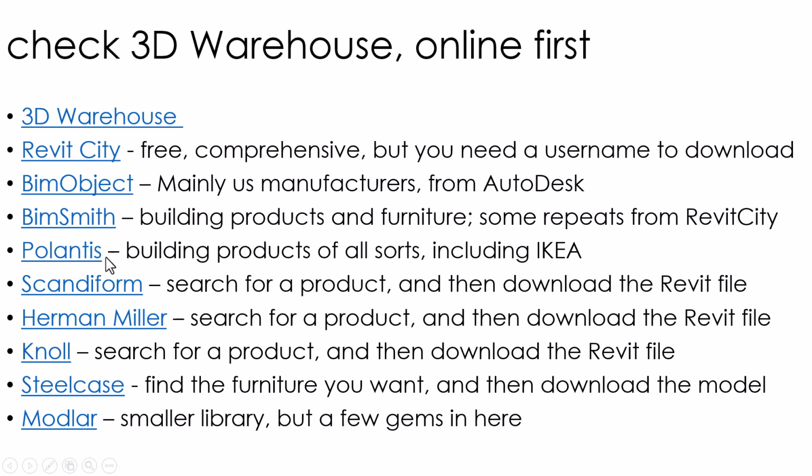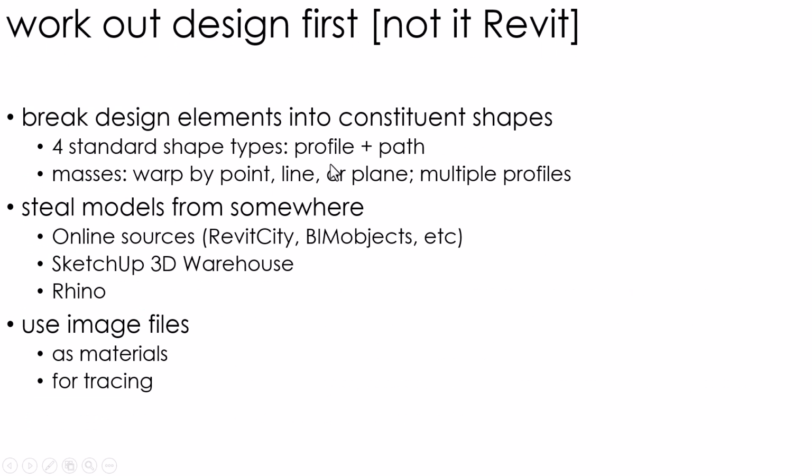Anyway, look for objects on these other websites, and of course, Google is a good place to search. And those of you who have modeling skills in other programs, even AutoCAD has 3D, but things like Rhino are excellent for drawing blobby objects, organic shapes that are quite difficult to draw in Revit, as we will see.